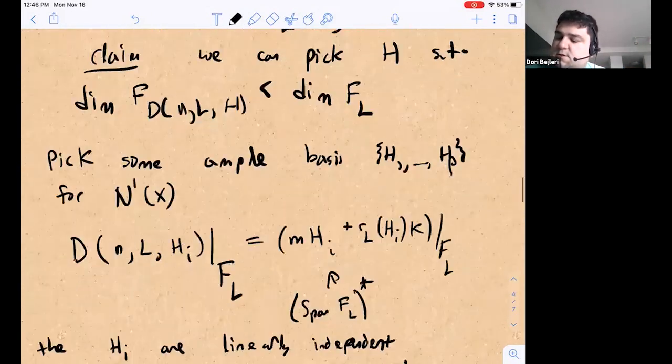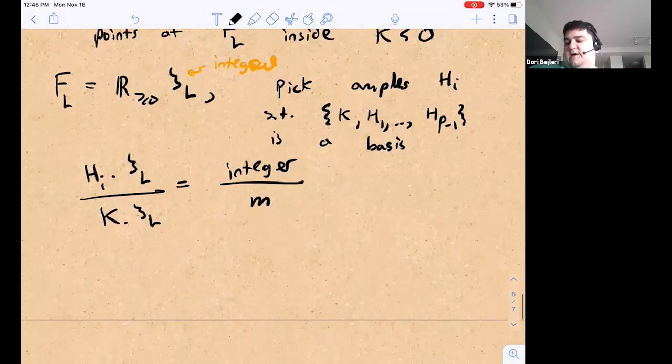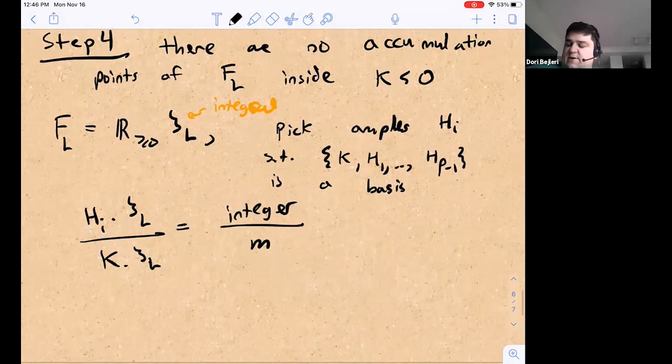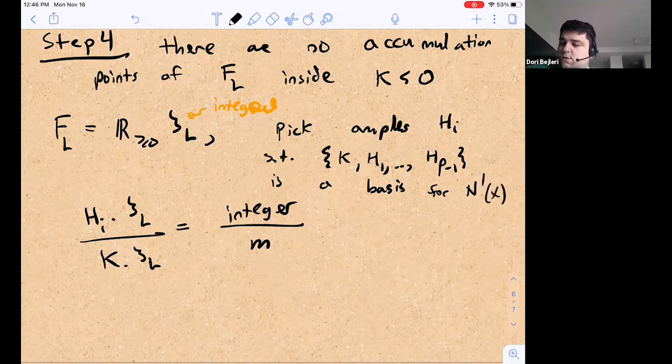So we have this expression where H_i psi over K psi is an integer over a uniform denominator. And so the point is that these are a basis for the dual space, this K, H_1 through H_{rho minus 1}. And so hitting a class with these bases gives you coordinates on our space.